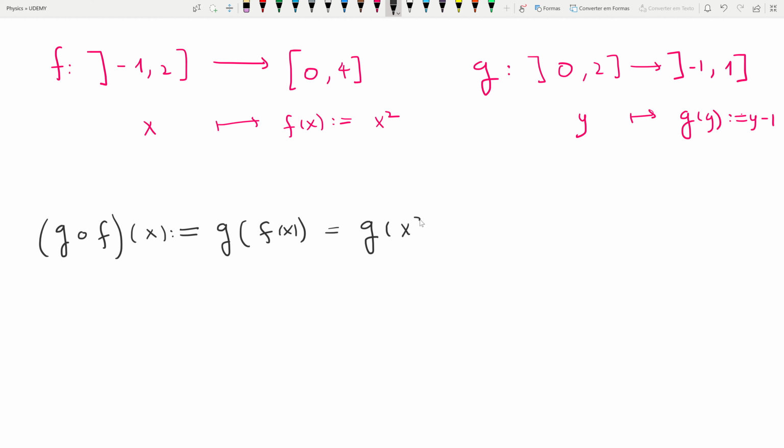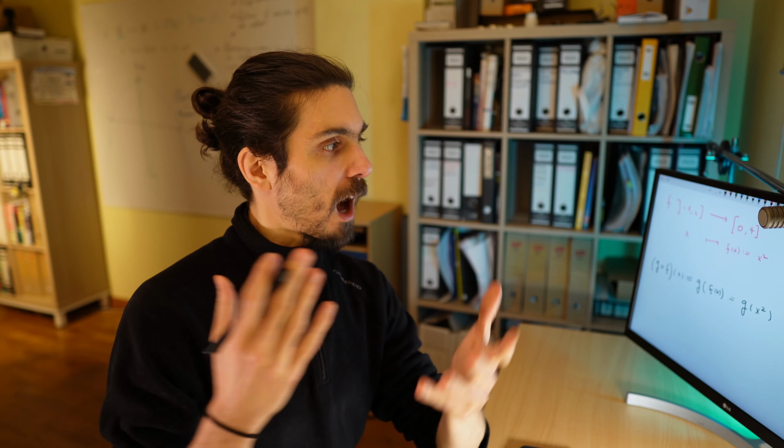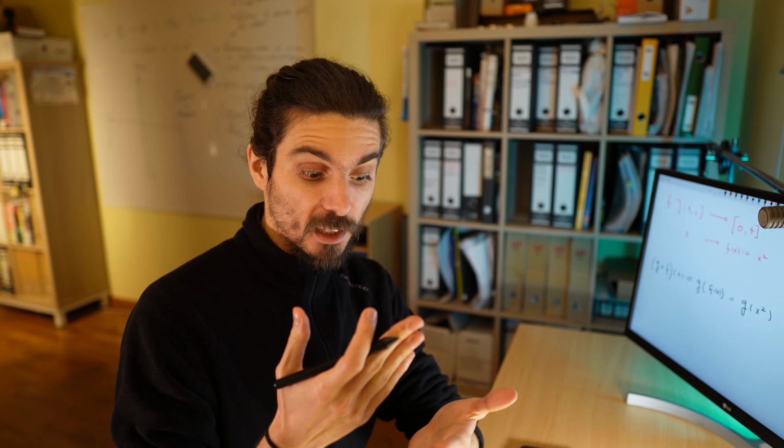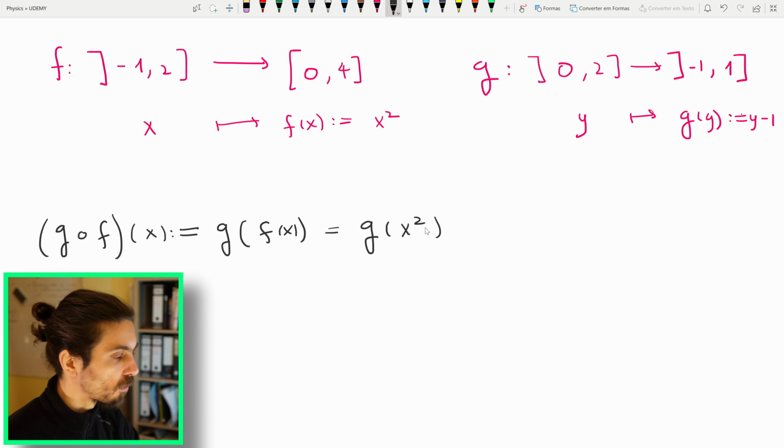So we have g of x squared. Now we know, in general, how g acts on the y, but if that y is in particular a number of the form x squared, then we get not y minus 1, but g of x squared is x squared minus 1. So this thing is x squared minus 1.